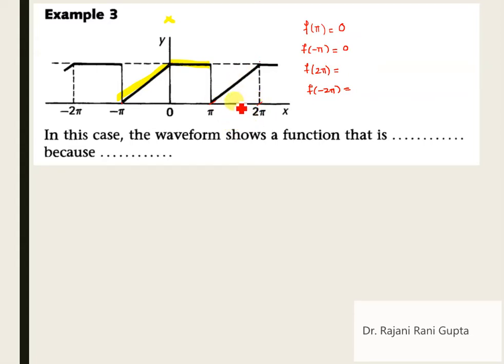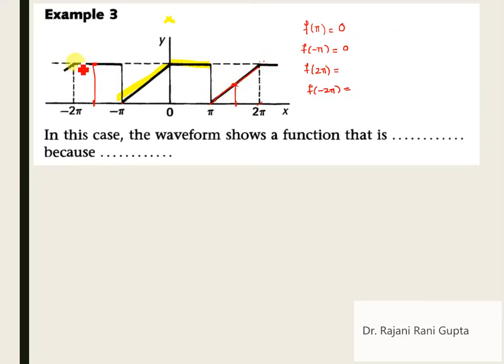If we check some middle value, the value is given by this line. If we select any value between pi and 2 pi, we have to take the similar value over here, from minus pi to minus 2 pi. So the value is given over here. It is a constant value, whereas here the value is changing as per this line.